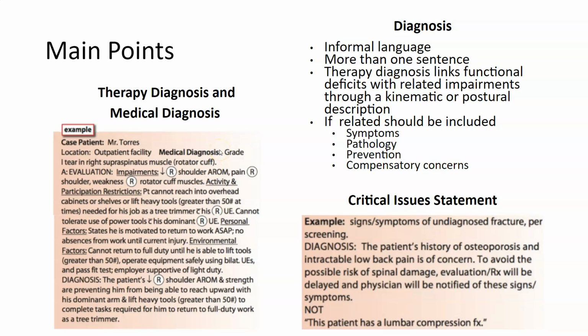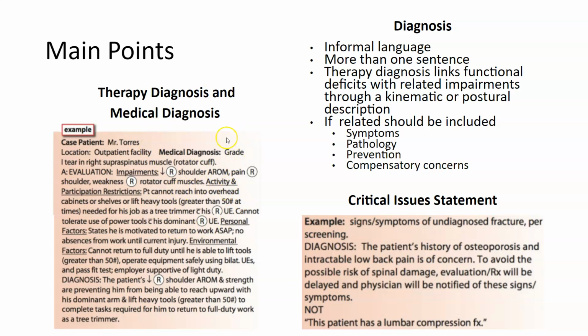When it comes to the second component being the diagnosis, there are therapy diagnoses and medical diagnoses. They can be slightly different or the same, right? The idea that a medical diagnosis is often much more associated with a physical condition, whereas a therapy diagnosis might have more to do with an impairment or functional or activity restriction associated with that.